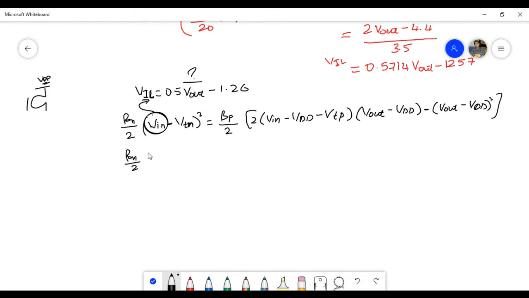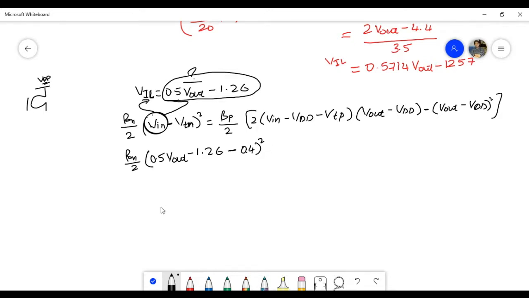What is our input now? 0.5 V out minus 1.26. This is V in, okay. In place of V in, I am writing this whole part. Minus V Tn is how much? If you go back, you can see 0.4, whole square.